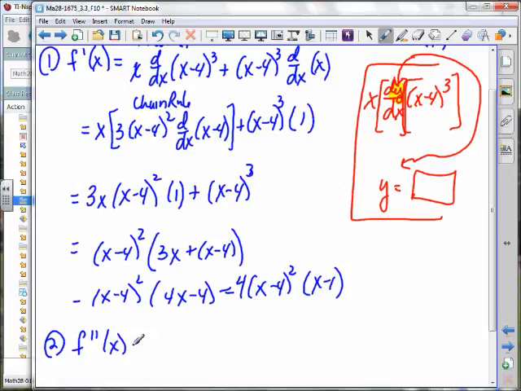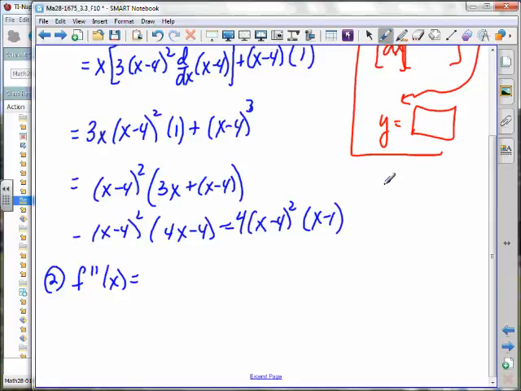Now I need to find the second derivative. It's just taking the derivative of the, if you want, go ahead and expand it, make it into a polynomial of degree 3, if you wish. But I think I'm going to opt for the product rule again.